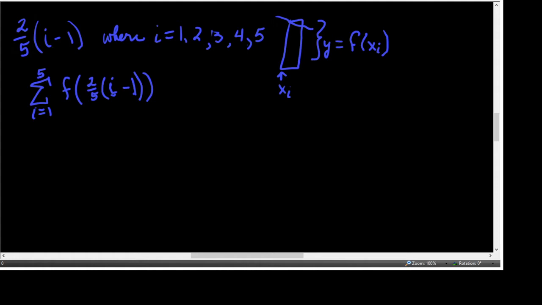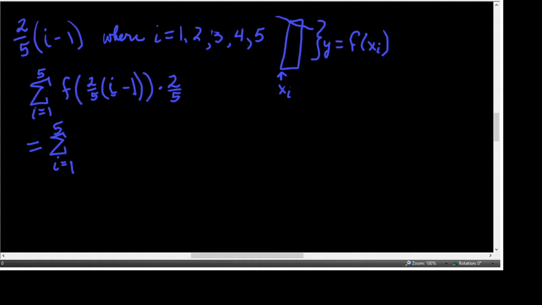And of course the width in this is 2/5. That's the width of that rectangle. And I'll do the first step of this and then not go through the algebra, because this is a little bit more complicated than I really anticipate you're having to deal with.